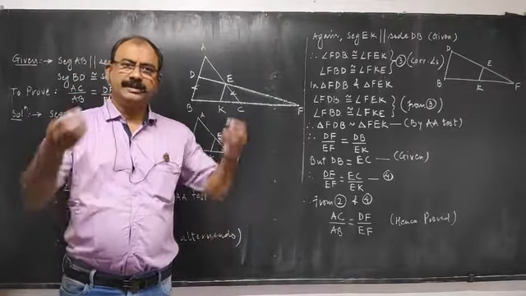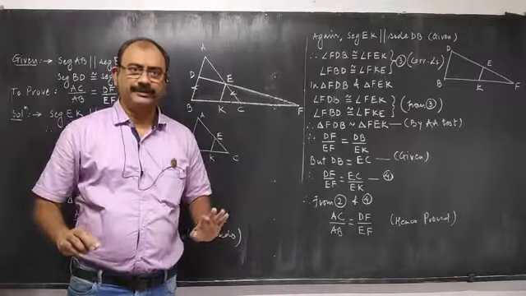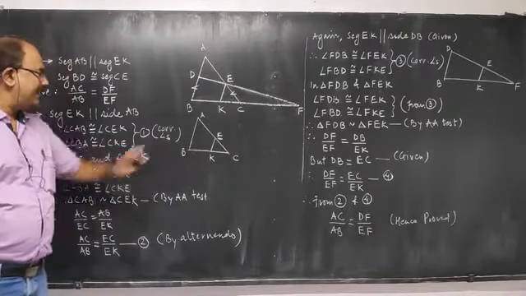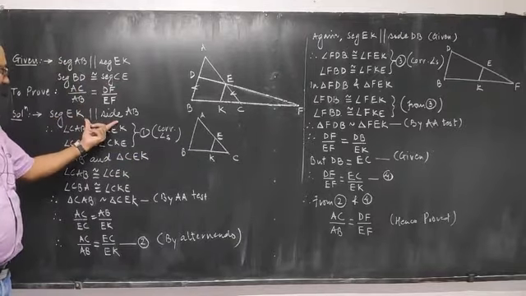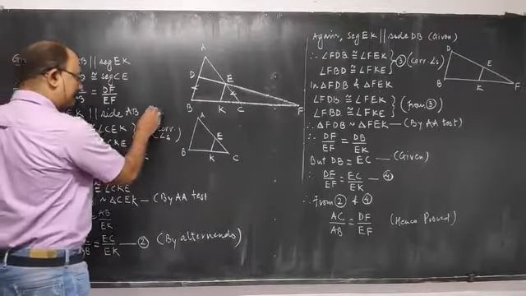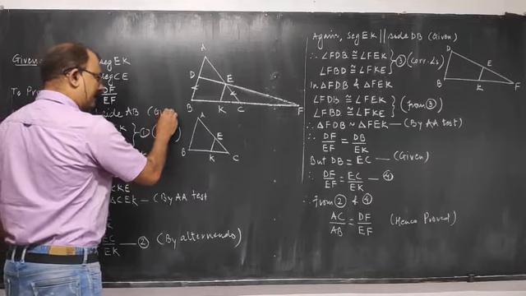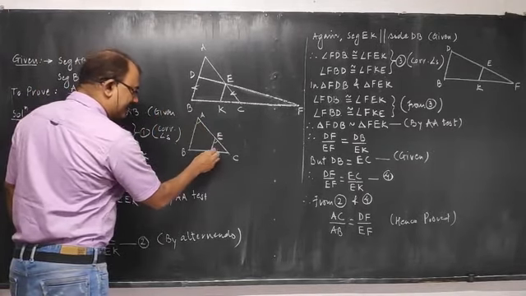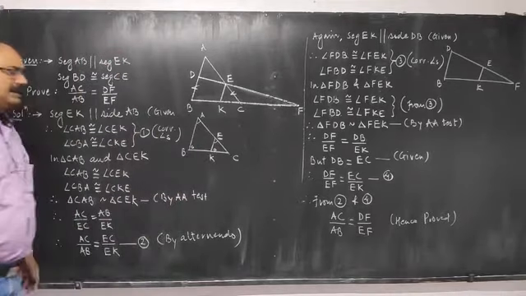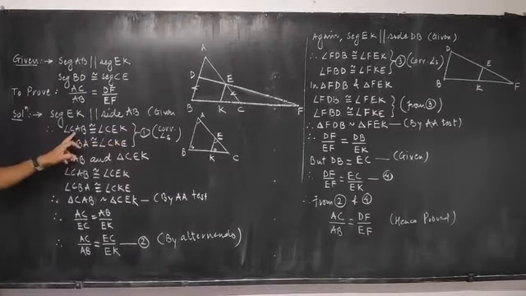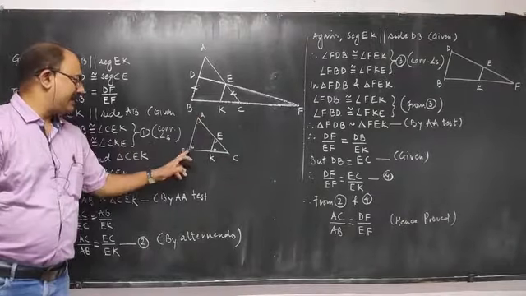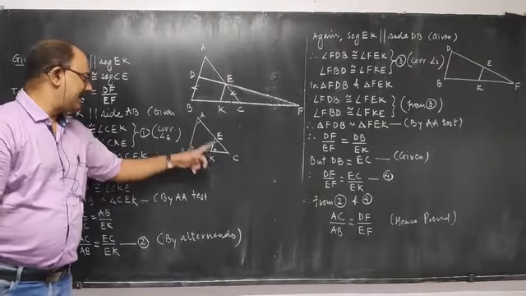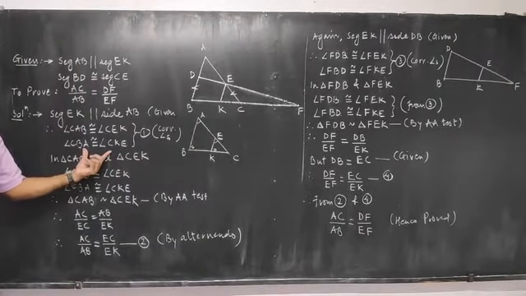How to prove? That also should run down in your blood. Let us see. This segment is parallel to this segment. We have written, this is actually given to us. And therefore, this angle will be congruent to this angle. This angle will be congruent to this angle. Corresponding angles we have written. Angle CAB is congruent to CEK, and angle CBA is congruent to CKE.